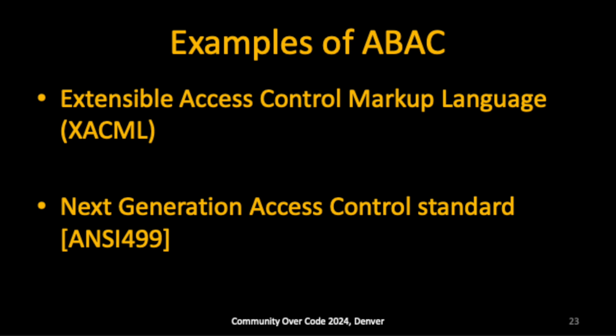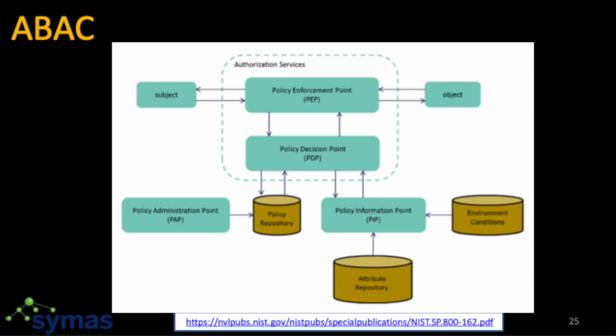Okay, so ABAC is more complicated. You start to introduce these intermediaries, the policy information points. Those attributes have to come from somewhere. They have to be introduced into the expression, and so it has to be combined.